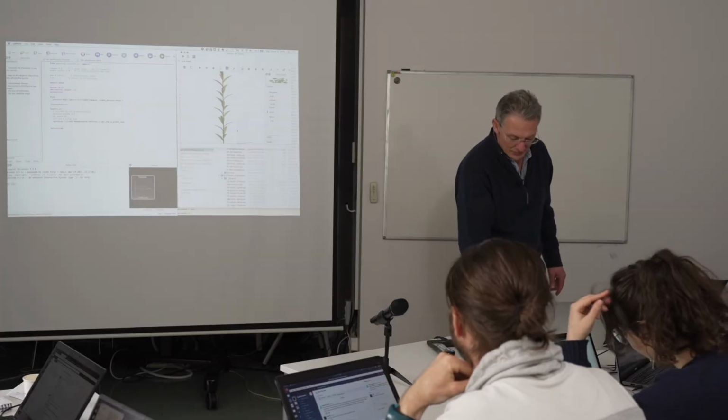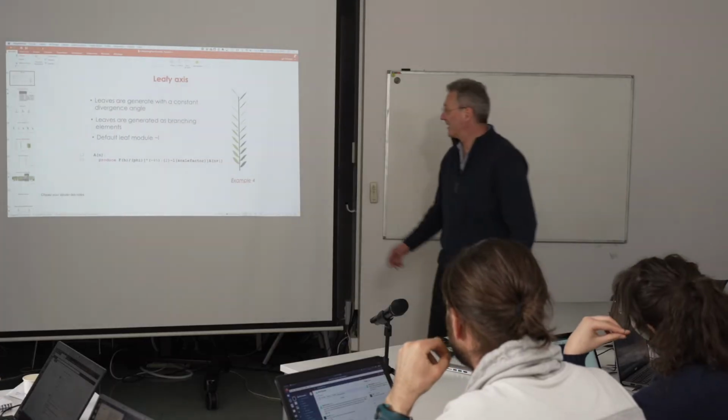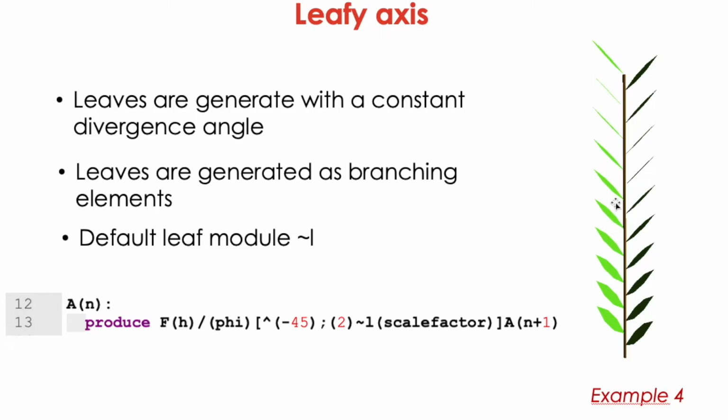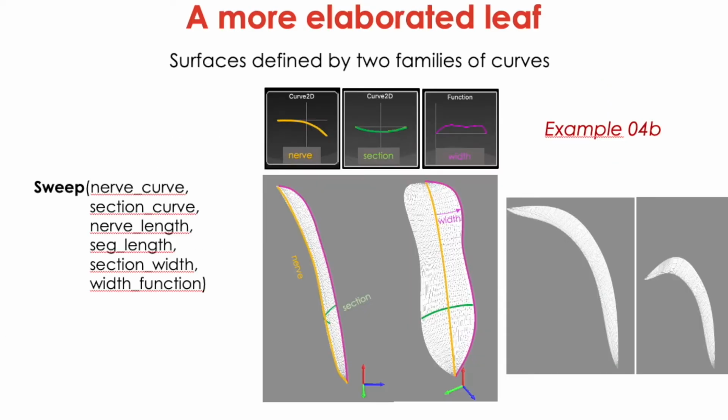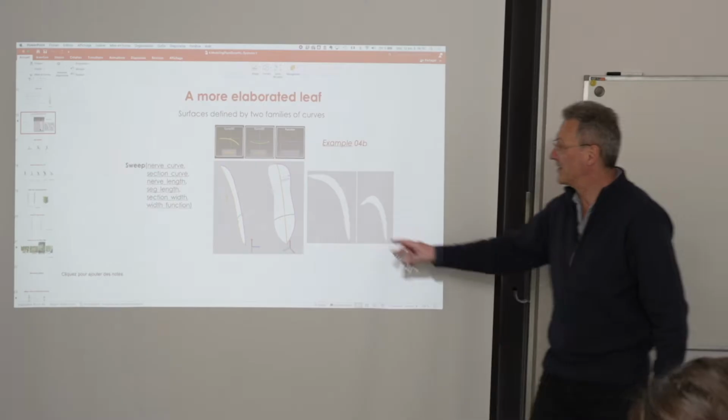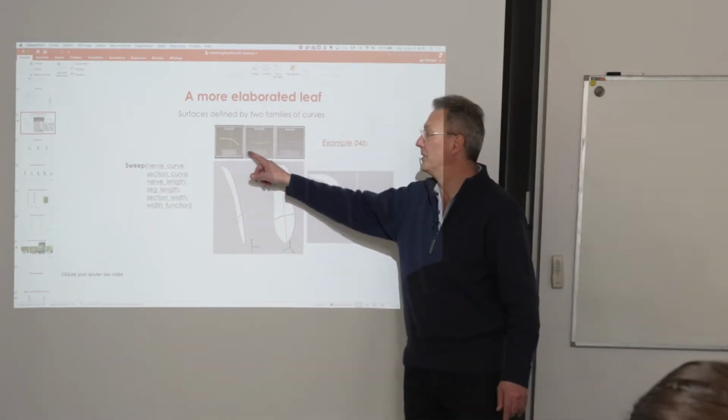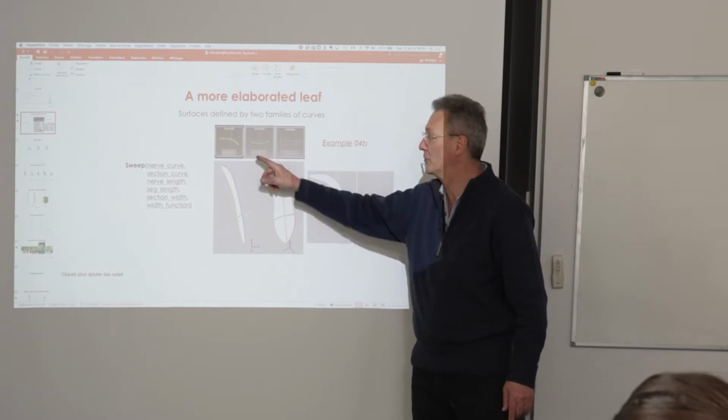So we are going to resume. The idea would be, on this axis here, to change the leaves using the model that we described just before, which is the sweep model. That is constructed according to different curves and one function, two curves and one function.